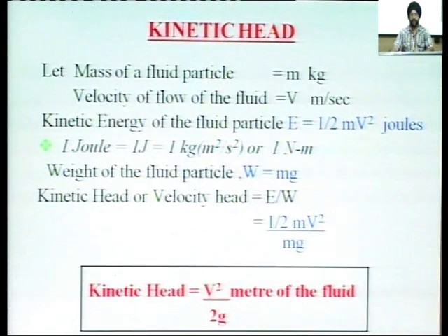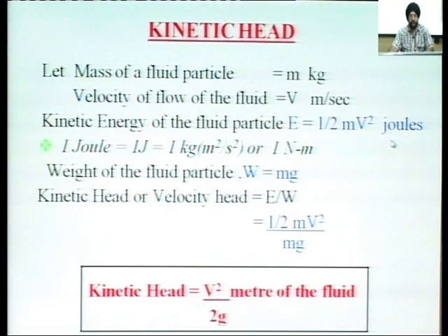Something more about it. Let us suppose the mass of a fluid particle is m kg and the velocity of the flow of the fluid is v meter per second. So the kinetic energy of the fluid particle E can be written as half mv square joules.